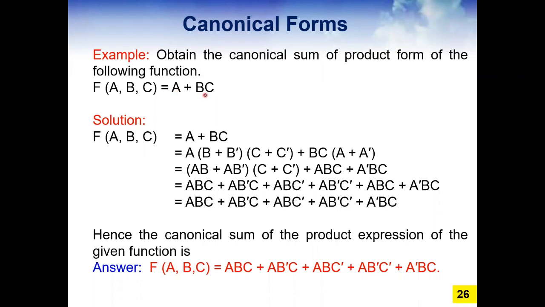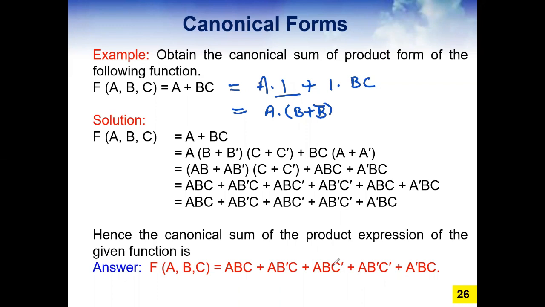And in the second term, A is missing, right? So how can we write this one, girls? I can write it like that: A dot 1, and here 1 dot BC. In place of this 1, we can write A dot (B plus B complement).